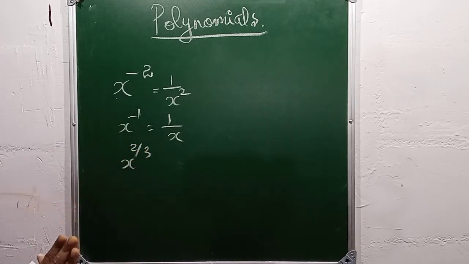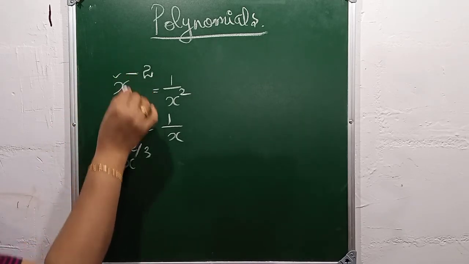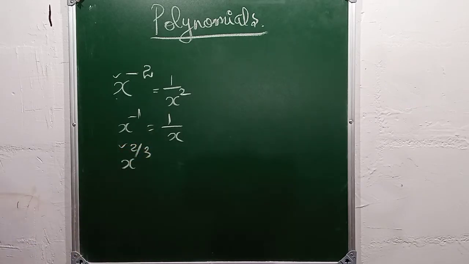That is not possible. So, only non-negative and non-fractional powers are there in polynomials. If a power is a negative number or a rational number, that is not a polynomial.